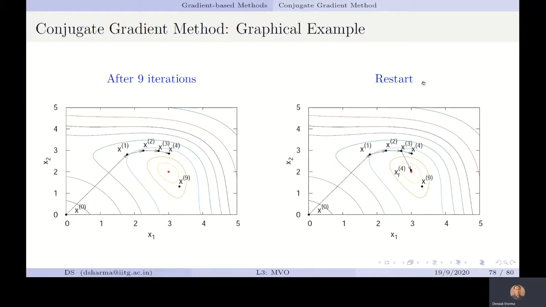So sometimes this restart helps the conjugate gradient method, even other methods as well, to converge to the optimum solution quickly. So we can have this restart option with our gradient based methods as and when needed.